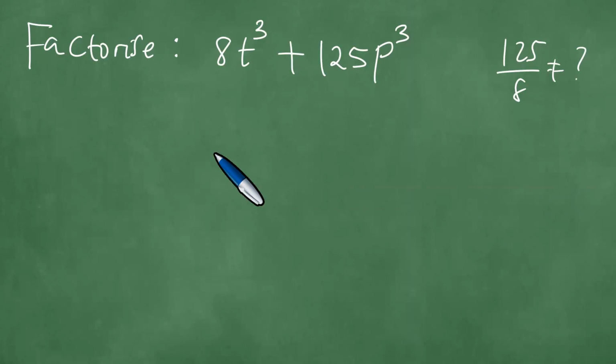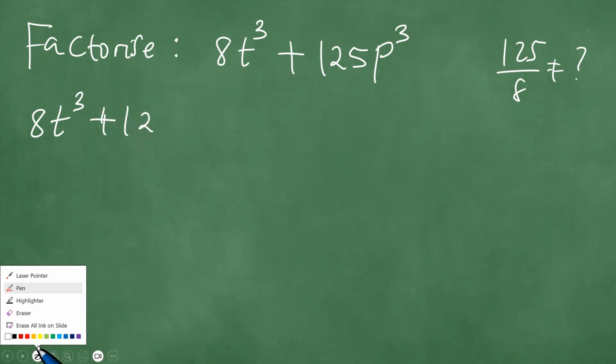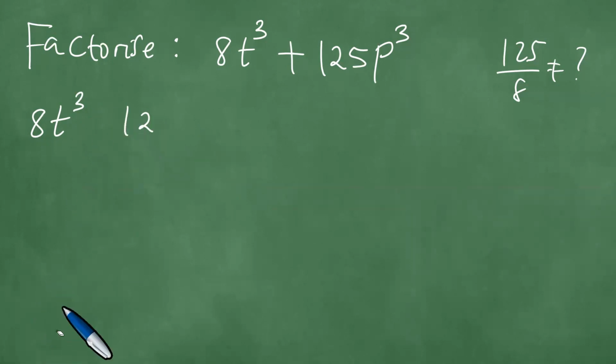What is the first step? Find the prime factors. Good. So you need to find the prime factors. So at this point, you have 8t cubed plus 125p cubed.